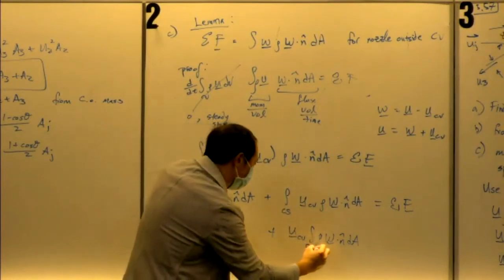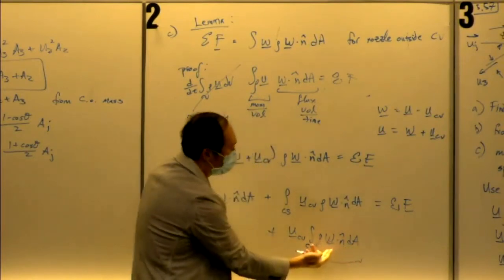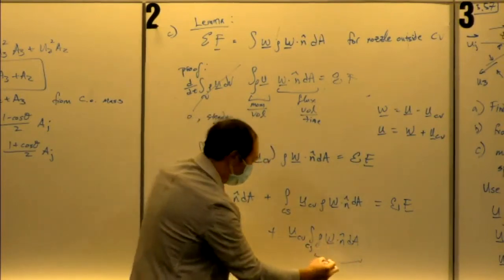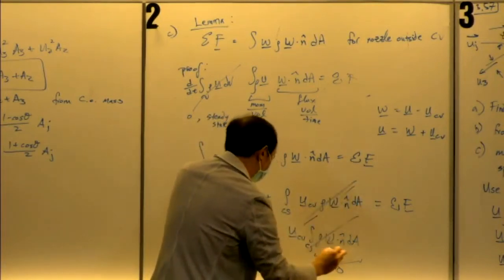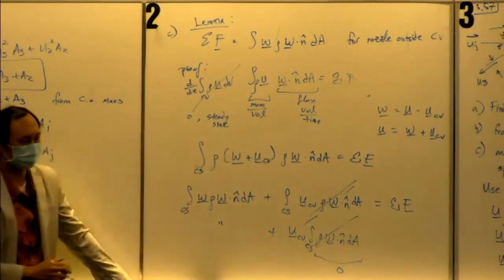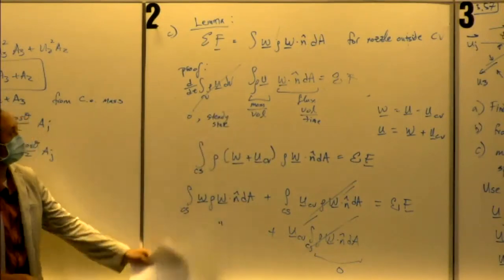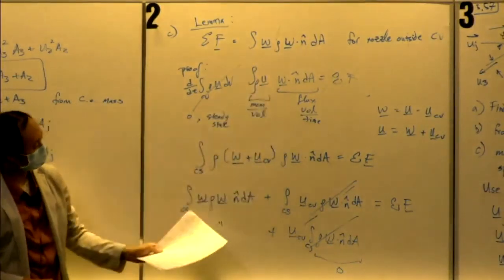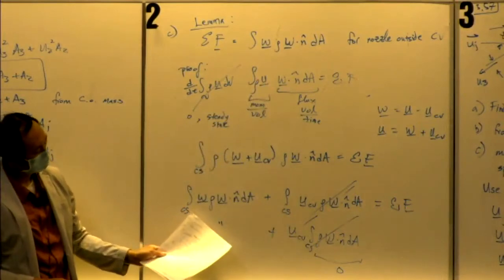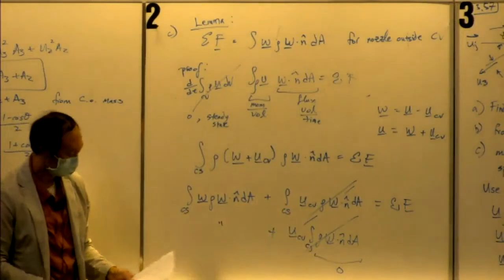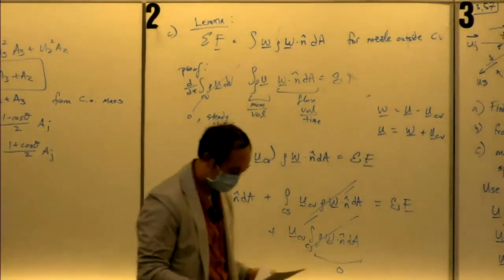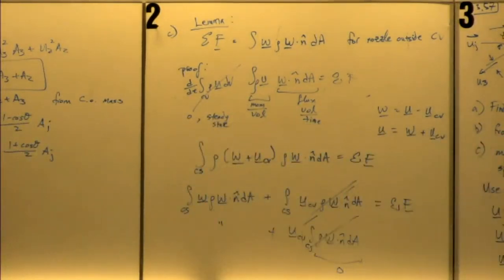And because everything going in is coming out, by conservation of mass this whole thing is 0. So you lose it, and you're just remaining with the left-hand side. In general we have this equation, but for the particular case that everything going in is coming out, you just have that left-hand side. And that's the version we're going to use for this problem.